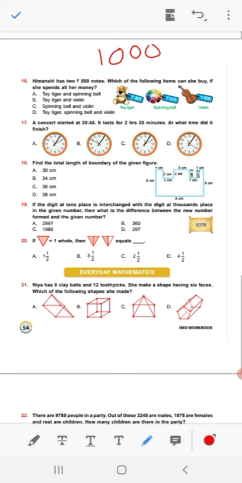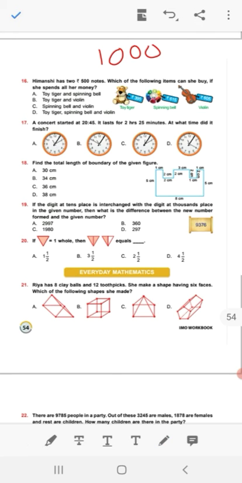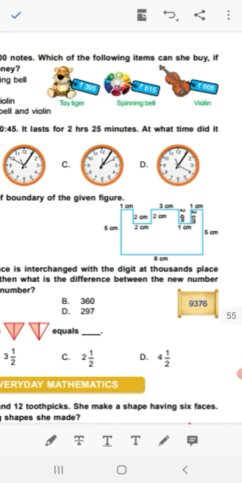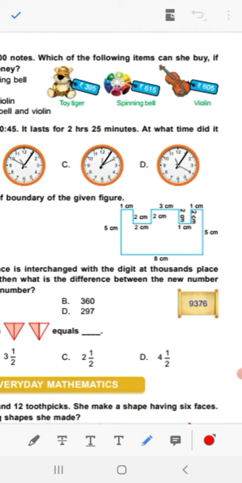She wants to spend all her money. So see here, option A, toy tiger and spinning ball. What is the total cost of toy tiger and spinning ball? Toy tiger is 395 and spinning ball is 615. If we add them, we get more than 1000. It is coming 1100 rupees.